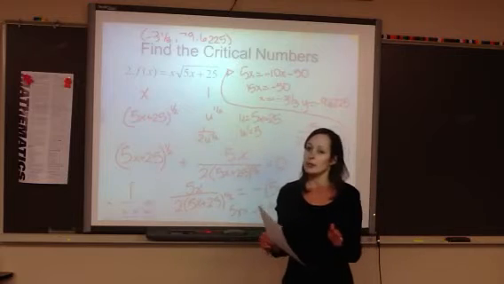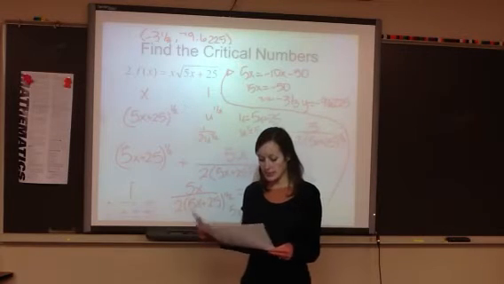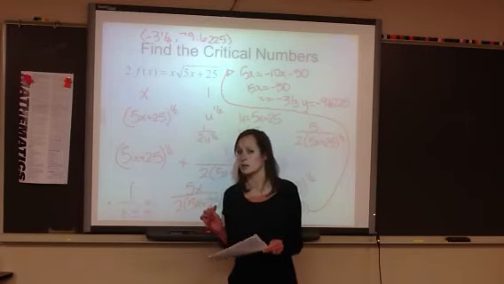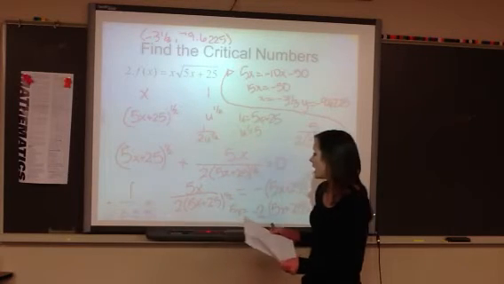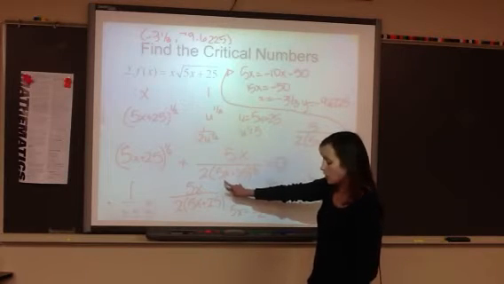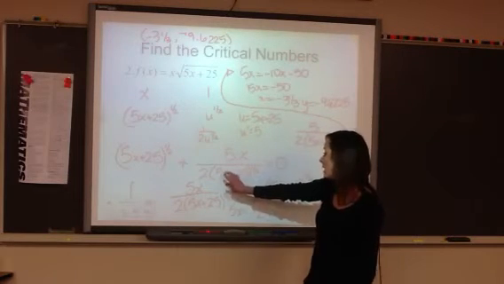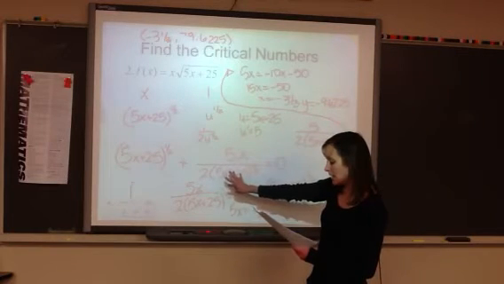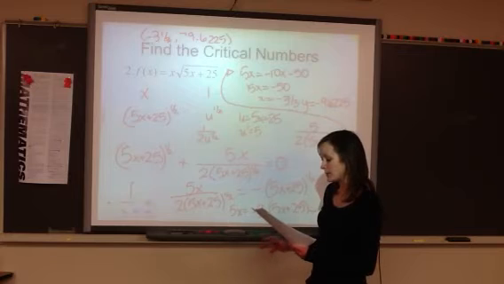But if you remember, at the very beginning of this section, I said the critical numbers can be where there's a hole or an asymptote. So we need to look at our derivative. If we look at our derivative, for what value of x would make the denominator 0?